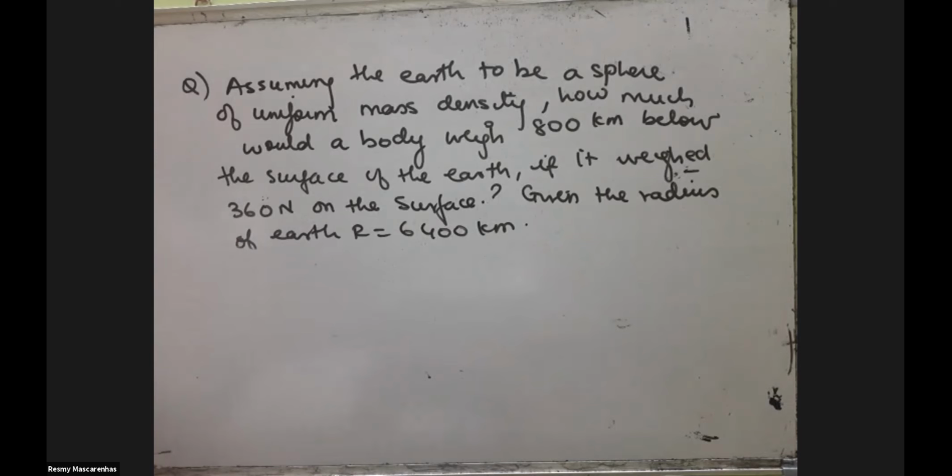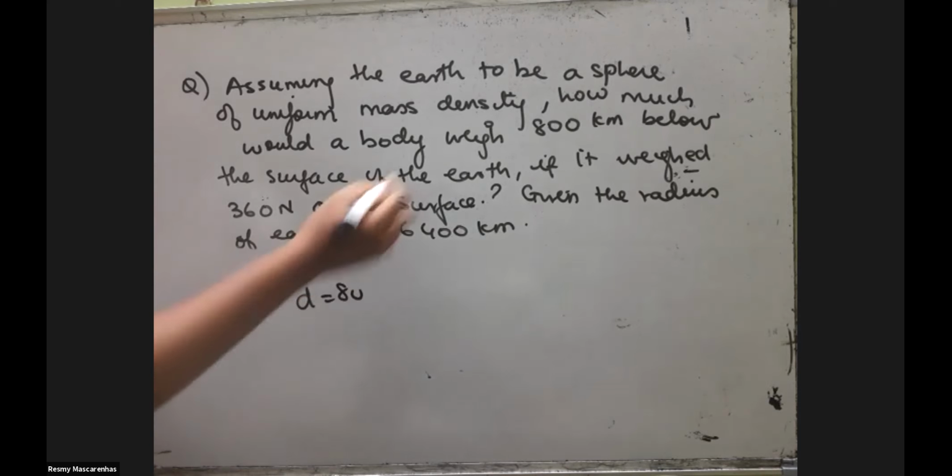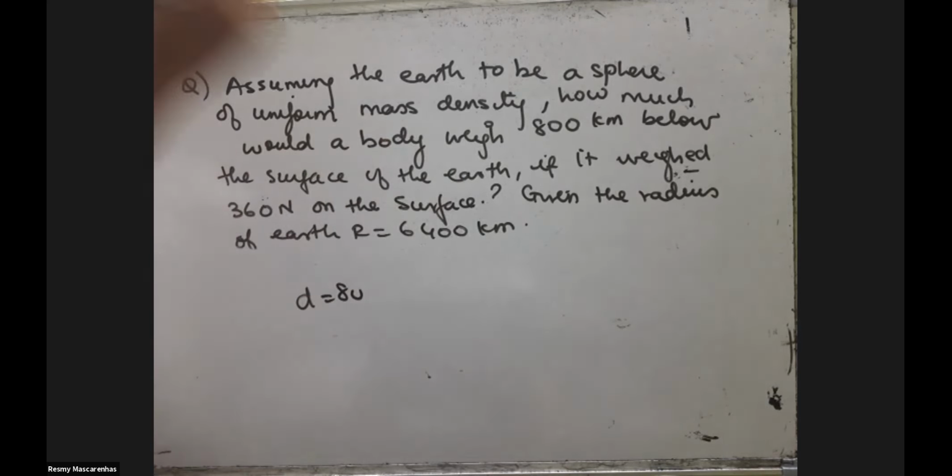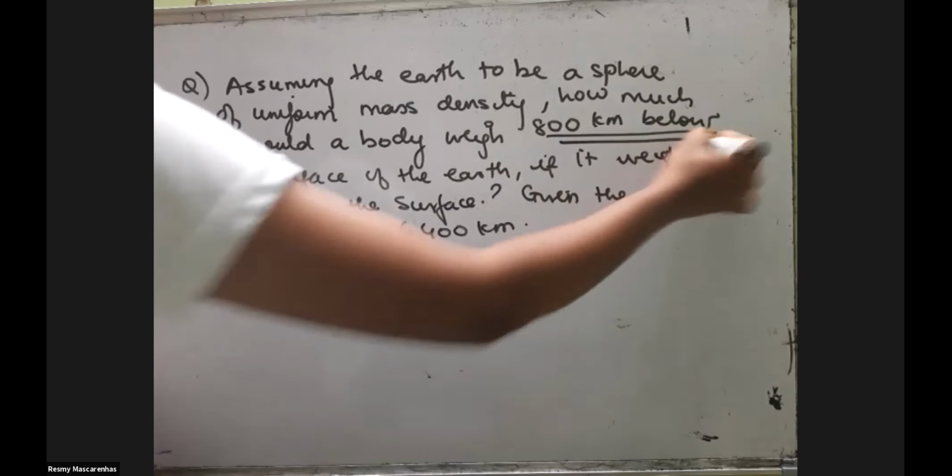Assuming that the Earth to be a sphere of uniform mass density, how much would a body weigh 800 kilometers below? So the depth given is now 800. Below means, where is it? Below the Earth's surface.